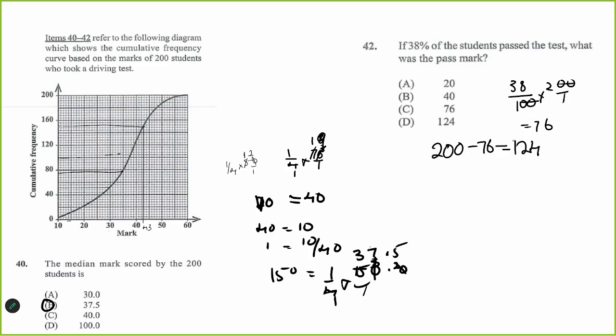Right, so 124 students, a quarter multiplied by 124 is 31. So 5, 10, 15, 20, 25, 30, 31 would have gone right across here and going down. So the answer would have been 40. Right? And that is how you would have gotten it.